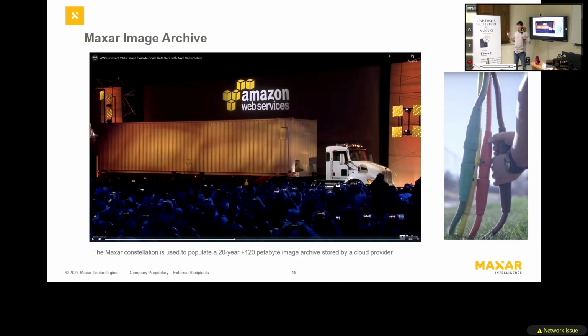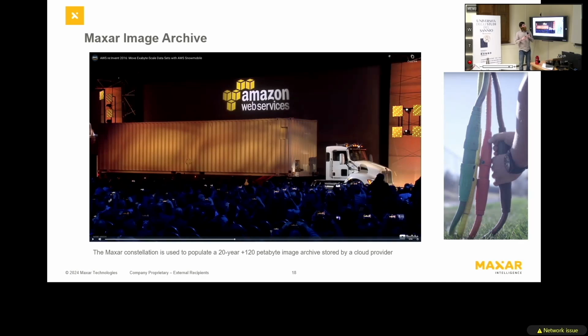They put a huge amount of memory in a truck, drove that truck to our facility, and we literally connected it to our data center. In a few weeks, we were able to move all our data. They drove back to their data center, and then they downloaded the data onto the cloud for us. So when we're talking about a lot of data, that is a lot of data. It's a truckload of data.